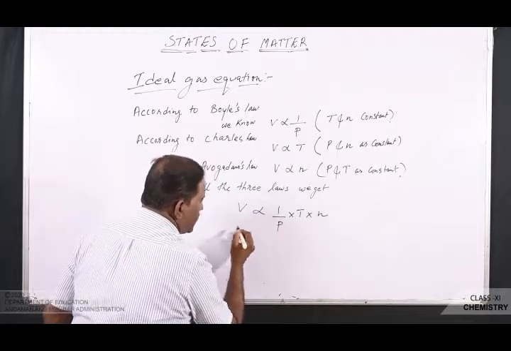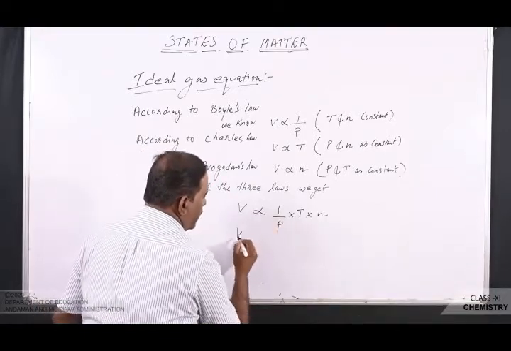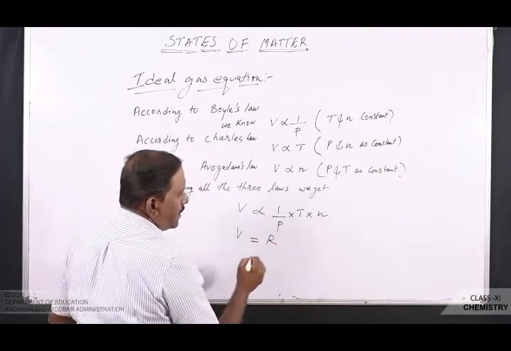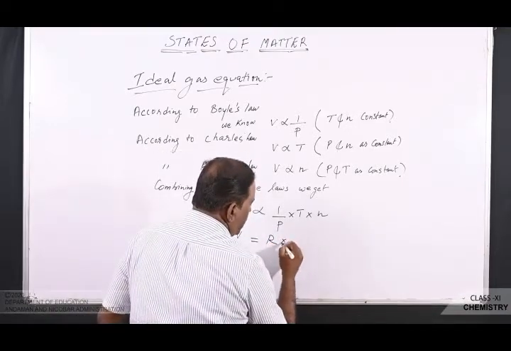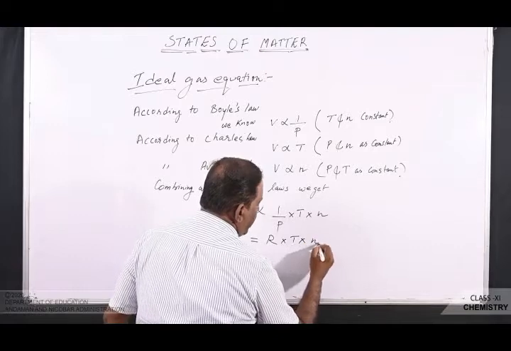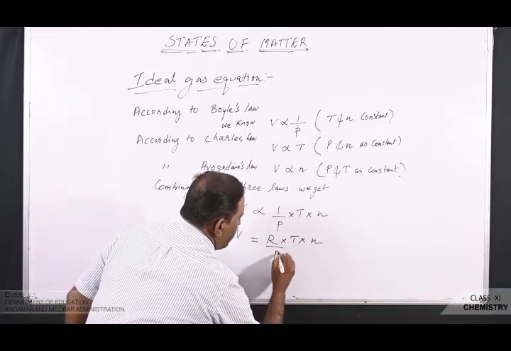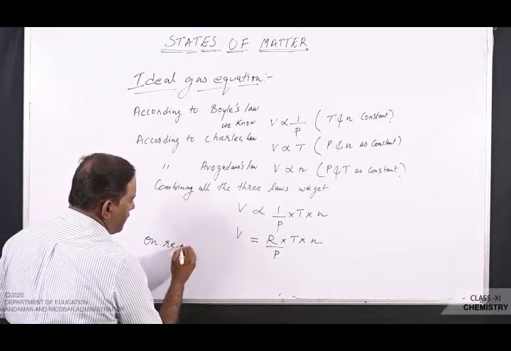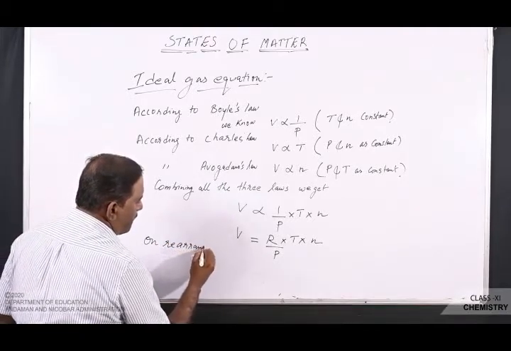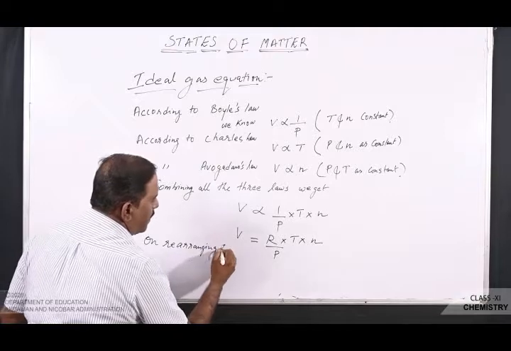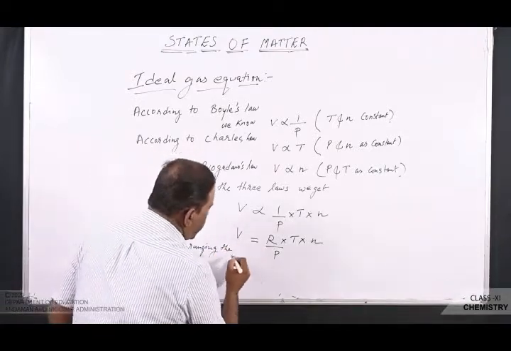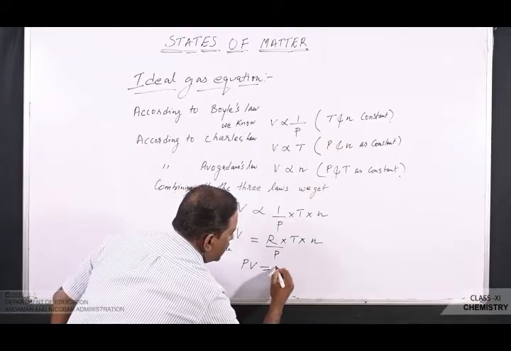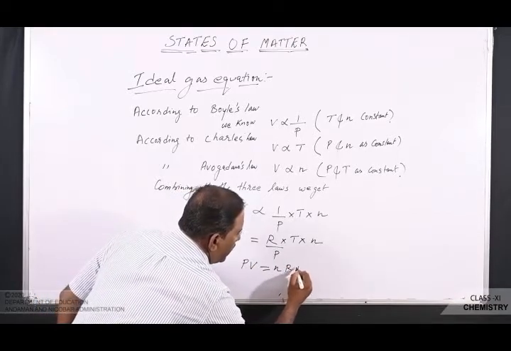To remove this proportionality, V is equal to R into T into n by P. On rearranging the above equation, we get PV is equal to nRT.